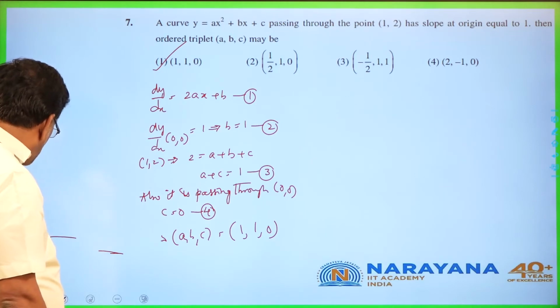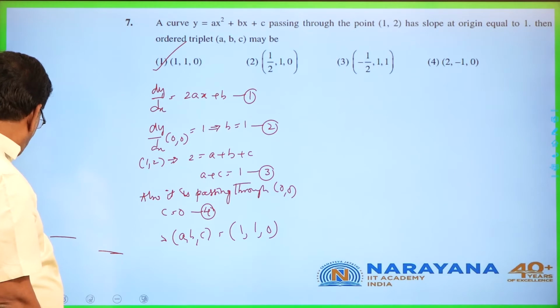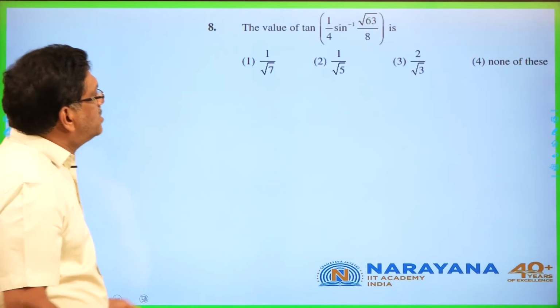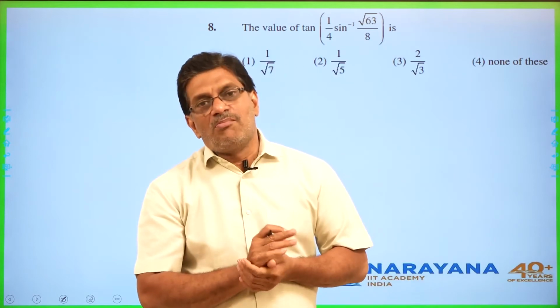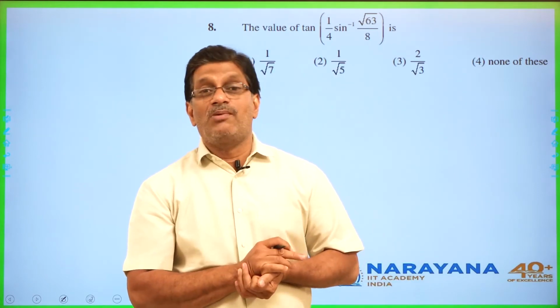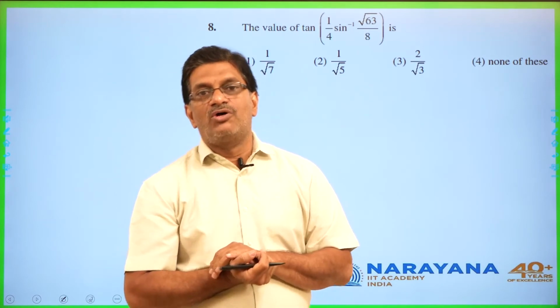Morning shift paper was a little bit tough, but this paper is not that tough. Right. One simple problem again from inverse trigonometric functions. Even in the morning session we got one simple problem only in terms of inverse. That is the tan inverse formula we have to apply.